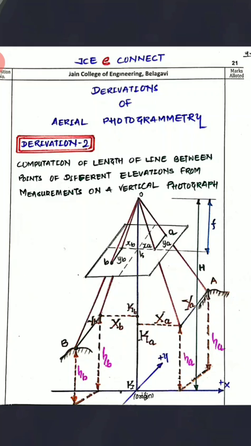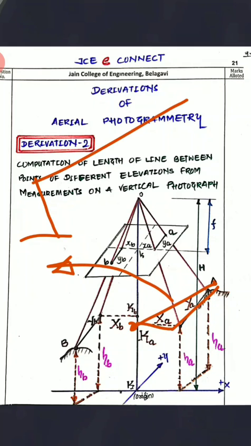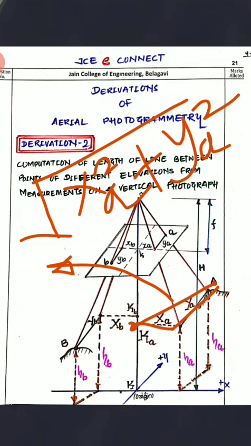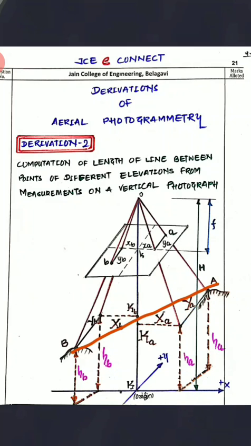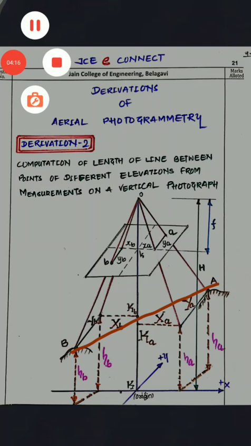Similarly, this is KA, between this point and this point. By using Pythagoras, it is going to be the square root of XA square plus YA square. If you add these two, you will get the total distance. How to get that will be given in the derivation.